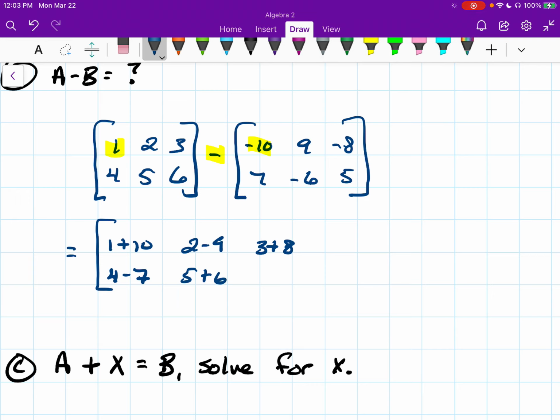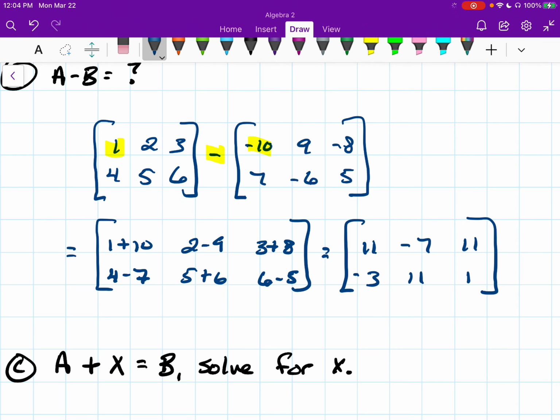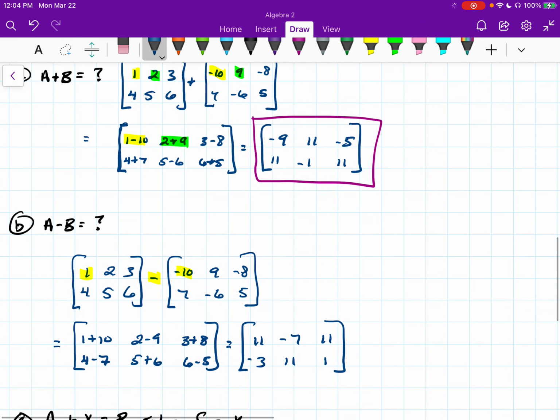And 6 minus 5. Putting those together, I get 11, negative 7, 11, negative 3, another 11, and 1. That's kind of neat.